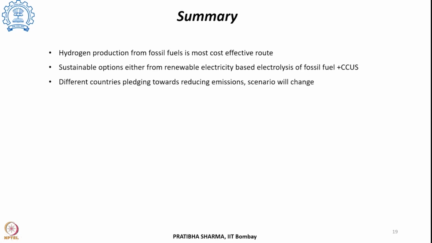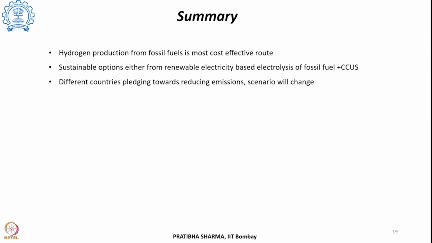Now, to summarize this part, we have seen that hydrogen production from fossil fuel is the most cost effective and economical route, but it is not a sustainable method. For sustainable hydrogen production, the energy required for producing hydrogen should come from renewables, or hydrogen should be produced from fossil fuel with CCUS.